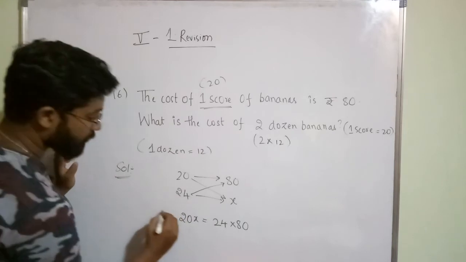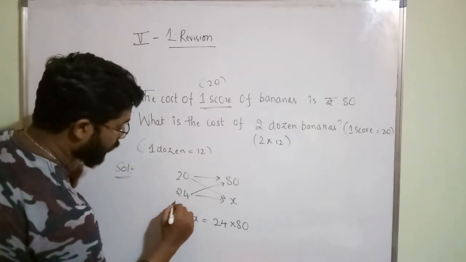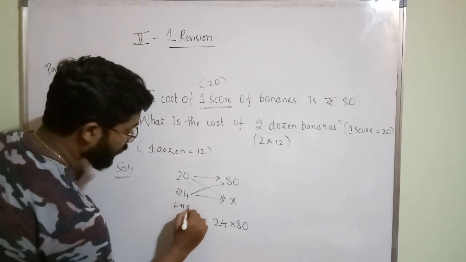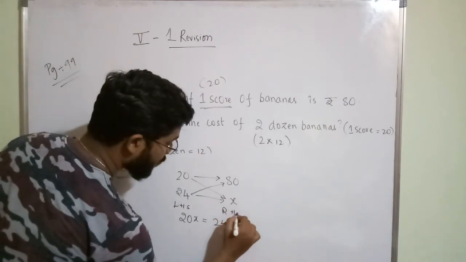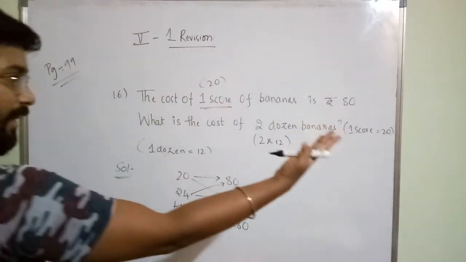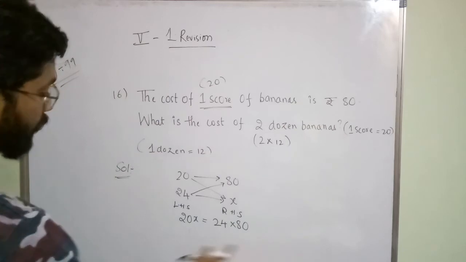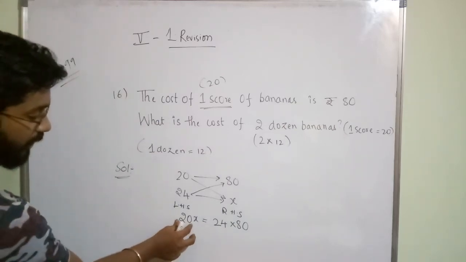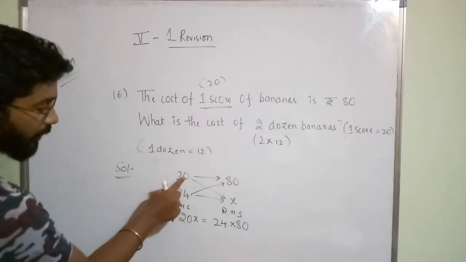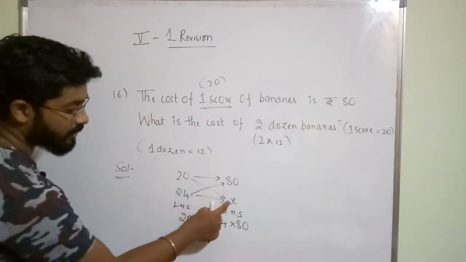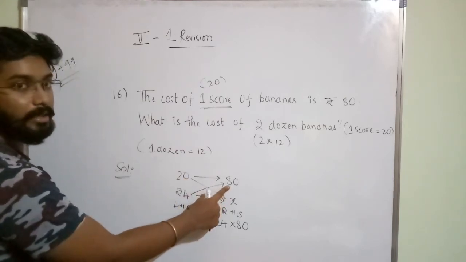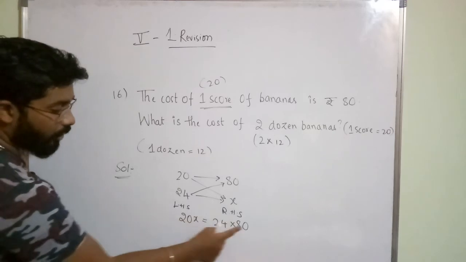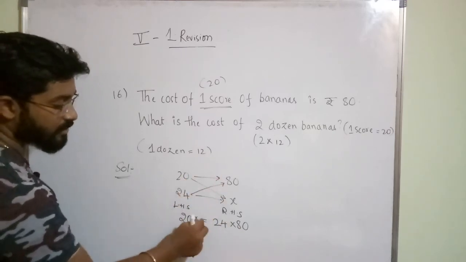This is left hand side, this is right hand side. We have cross multiplied. 20 into X equal to 24 into 80. Okay, so we got like this. We did the cross multiplication.